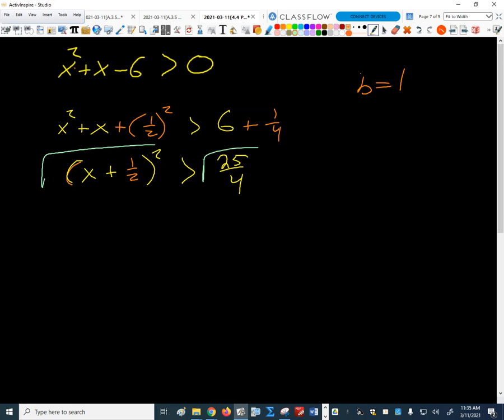The square root of a squared is the absolute value of a, correct? Oh, this is so cool. I thought this was going to work. So the absolute value of x plus 1/2 would have to be greater than 5/2.